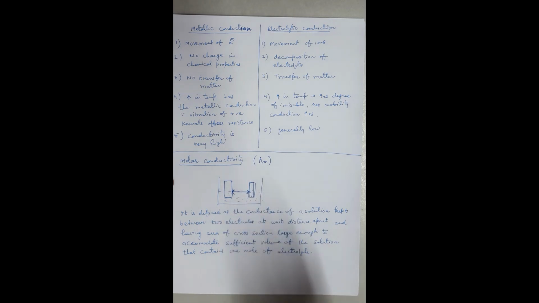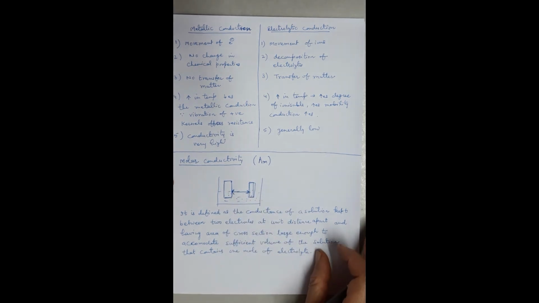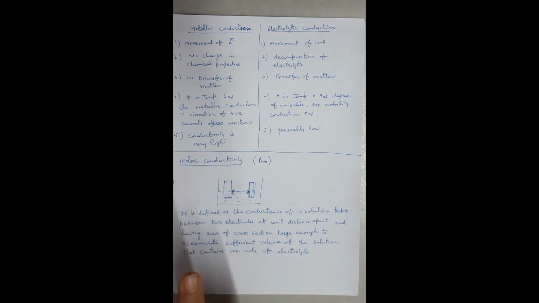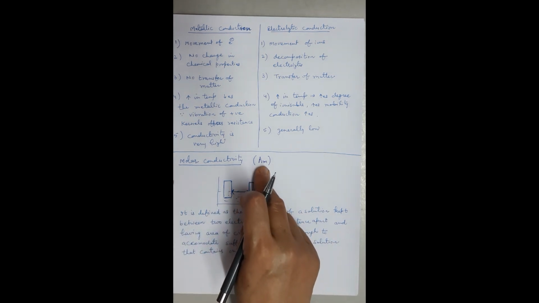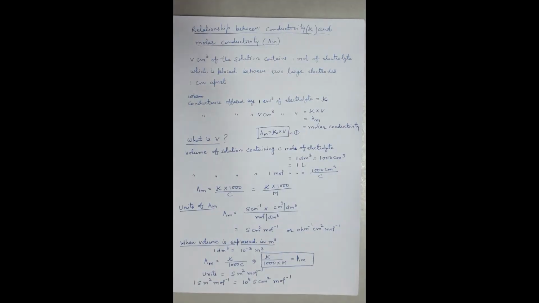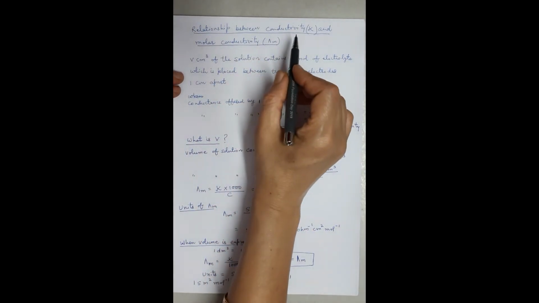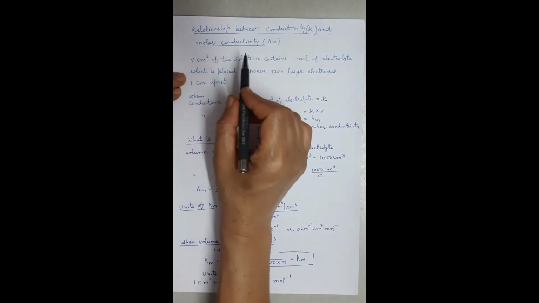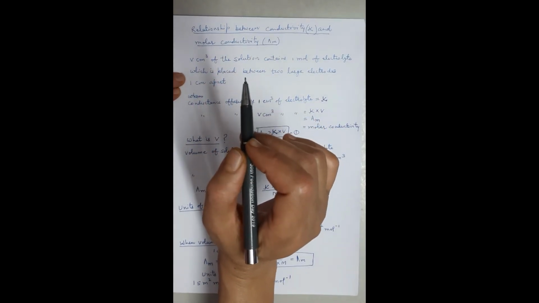We represent it like this. What we have done earlier is conductivity. How will you find out the relation between conductivity, which is represented by kappa, and molar conductivity, which is represented by lambda m? So let's talk about it. Relationship between conductivity and molar conductivity.